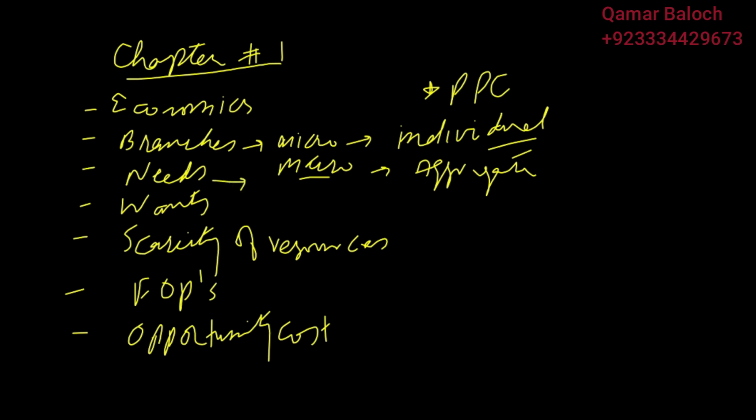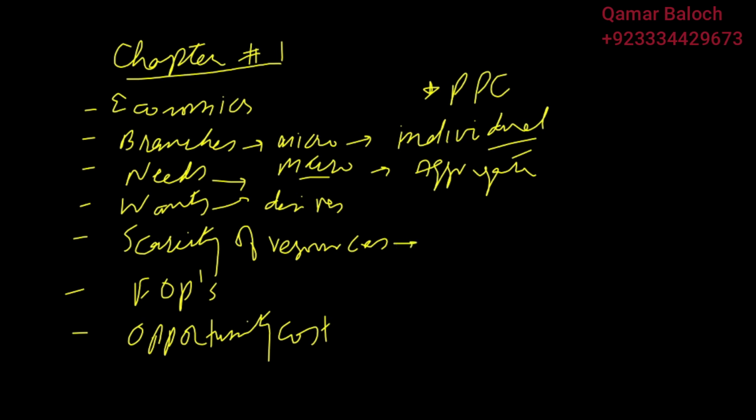Needs are basic necessities of life, for example food, shelter and clothing. And wants are the desires for luxurious things, for example desire for a big house, big car, swimming pool. Similarly, desire for branded clothes, shoes, watches and so many other things which are not essential for living, but they make life comfortable. And wants are always unlimited in nature.